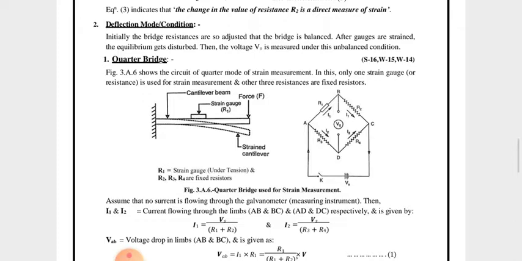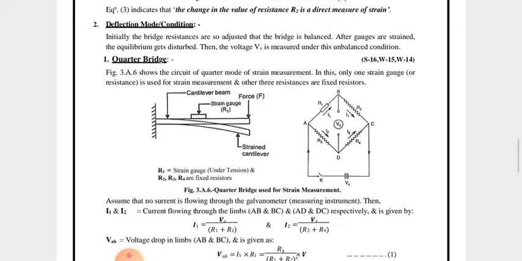In the diagram you can see that there is one cantilever beam, and on the upper part of that cantilever beam the strain gauge is mounted. That strain gauge is nothing but the resistance R1, which is connected to the Wheatstone-Bridge circuit in the first limb.